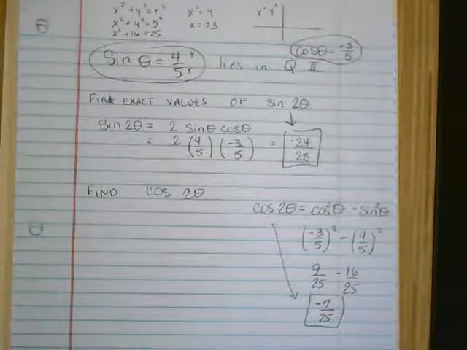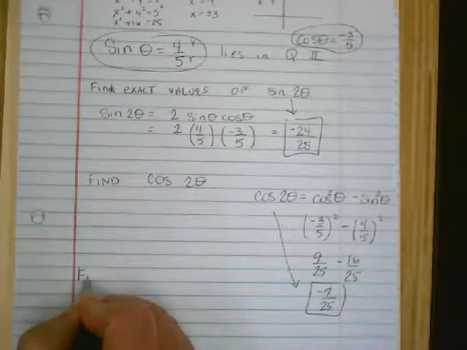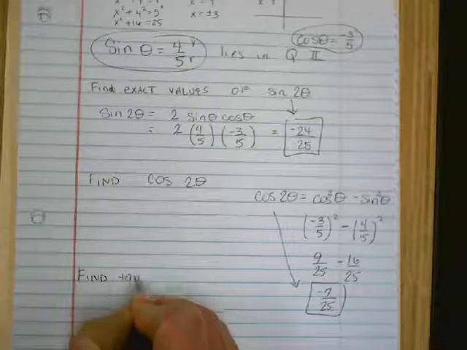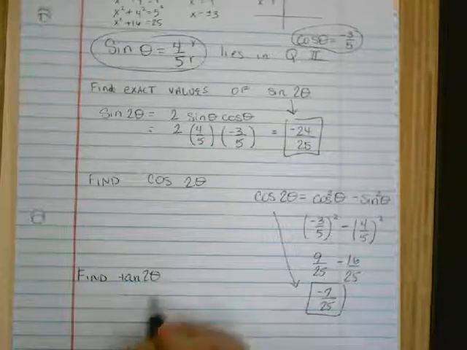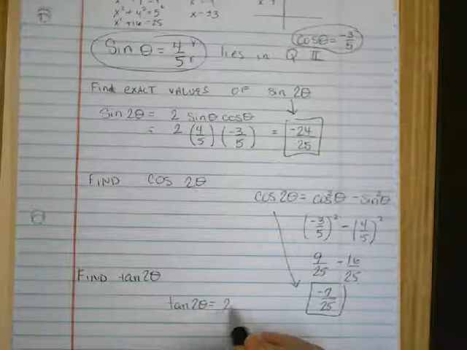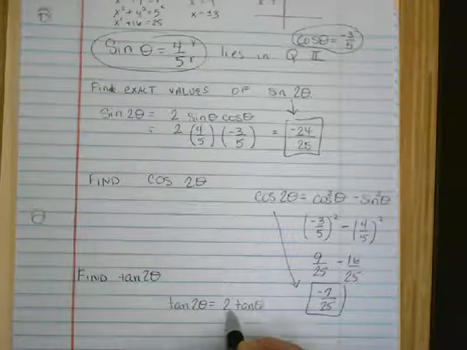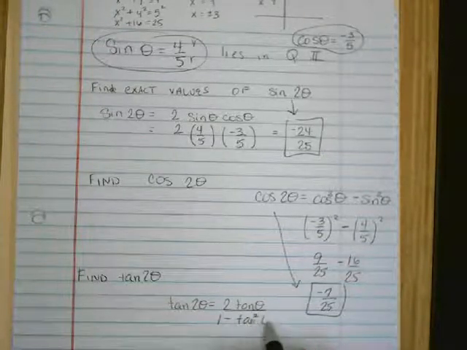Okay? So we're going to move right along, and they're going to ask me to find the tangent of 2 theta. To find the tangent of 2 theta, I need that formula where the tangent of 2 theta is equal to 2 times tangent of theta over 1 minus tangent squared theta.